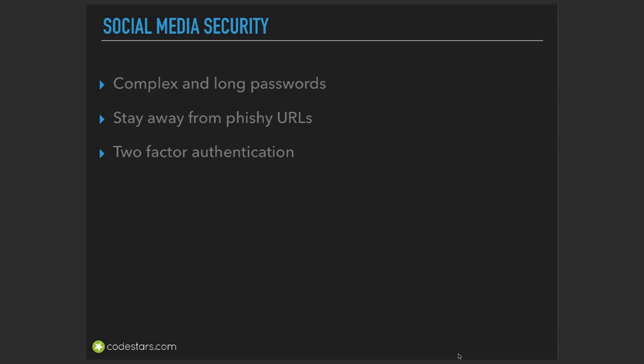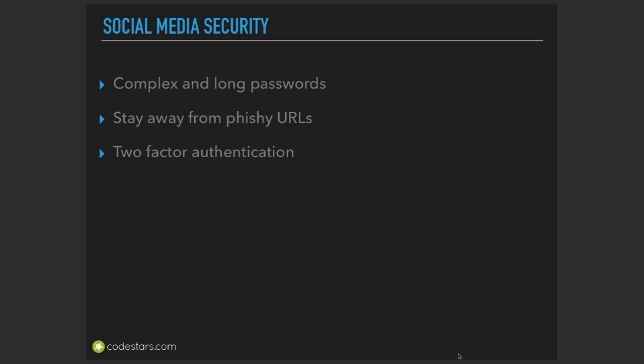After you give your username and password, you have to confirm that you're trying to log in from your mobile phone or from your email as well. So even if some hacker tries to get your password and username, even if they manage to get it, they cannot log in before you approve them.